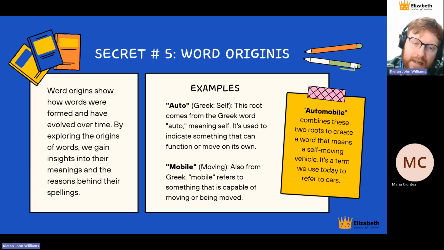So if we put it together, something moves itself, it would be an automobile or a car, as we would say. But this helps us with other things as well. Auto, like autograph. That would mean self-design, to design something yourself. Your autograph is your own way of writing, for example.